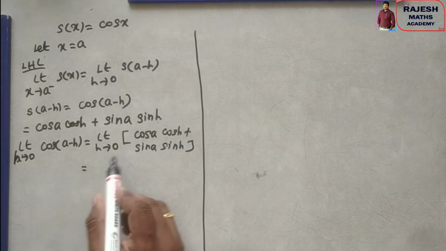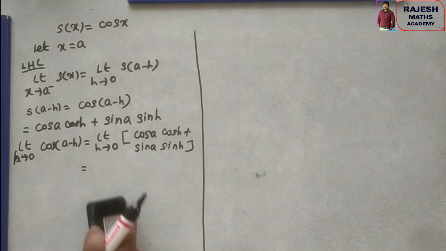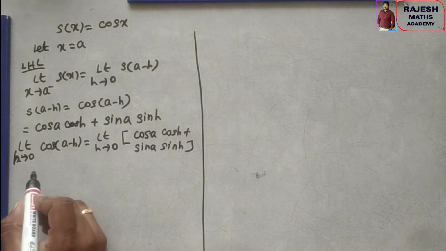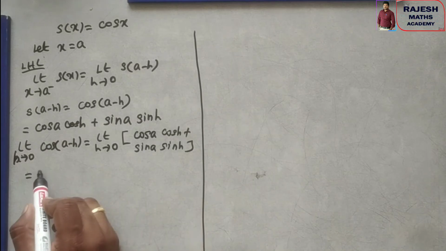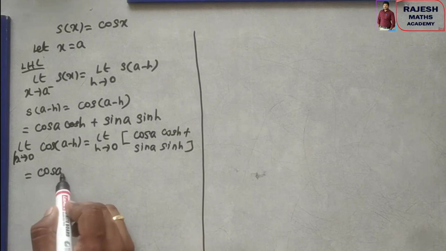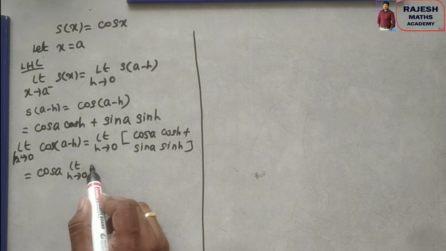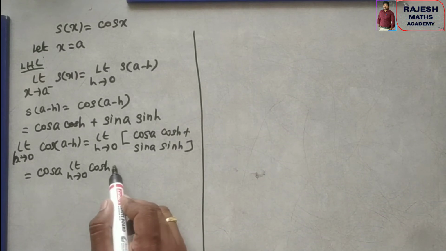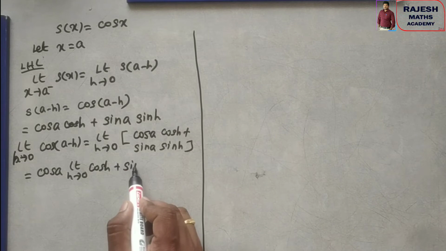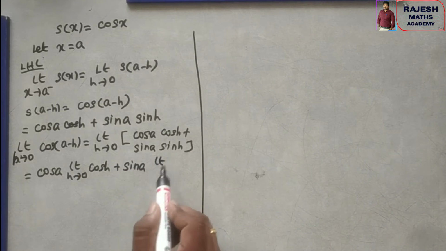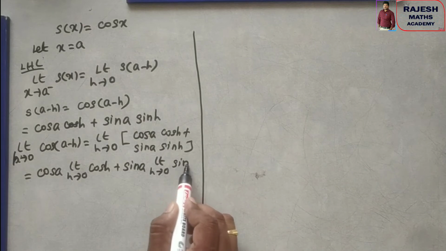Now applying the limit, what is independent of h? Independent of h we have to take outside. So I am taking cos a outside, it is independent of h. So cos a will be taken outside, remaining limit h tends to 0 of cos h, plus sin a will be taken outside, limit h tends to 0 of sin h.